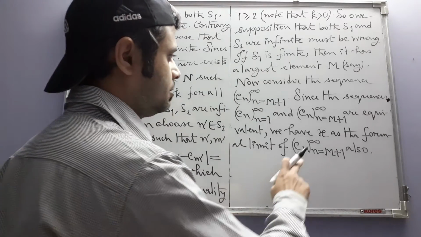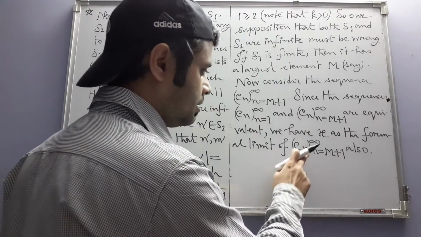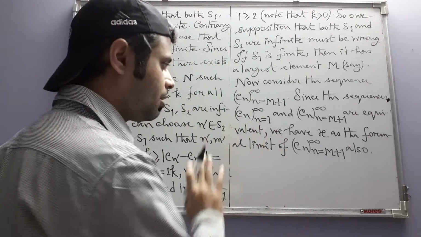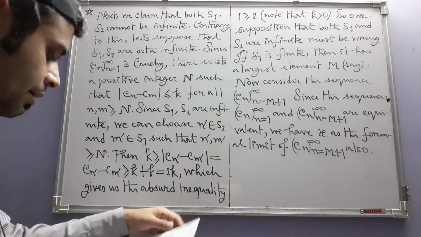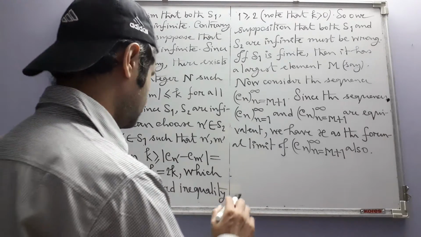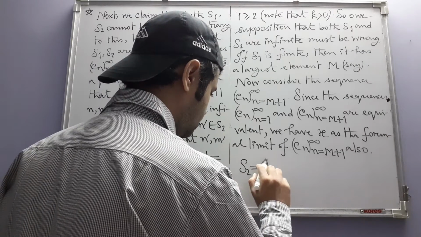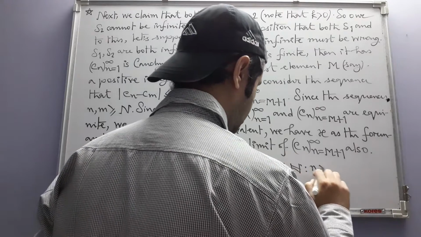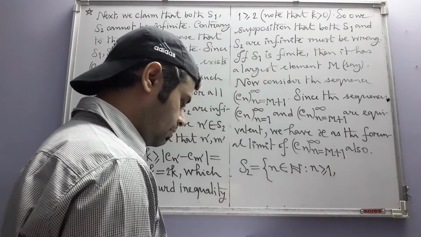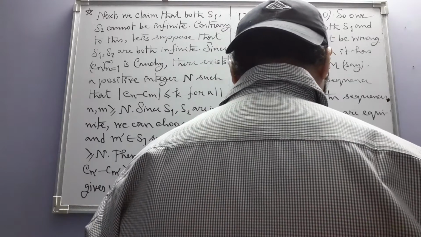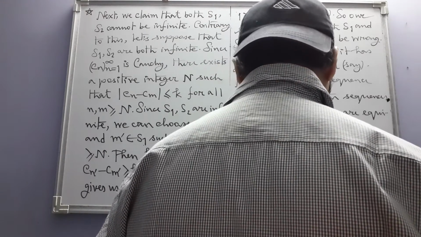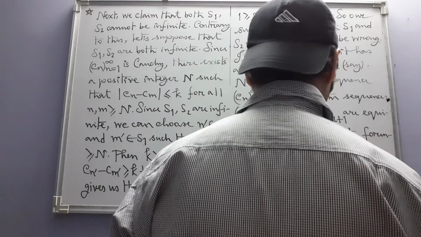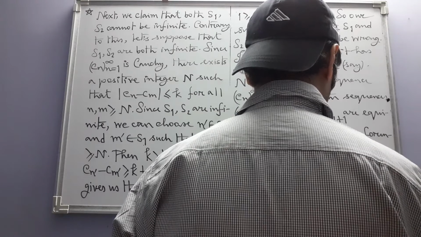So that's why all the indices in this sequence, M plus 1, M plus 2, etc., will belong to S2, and according to our definition of S2, n is greater than or equal to 1 and C_n is greater than or equal to k.